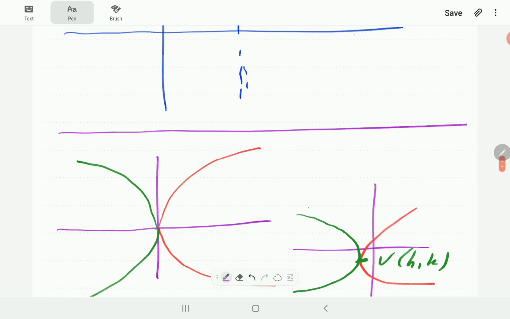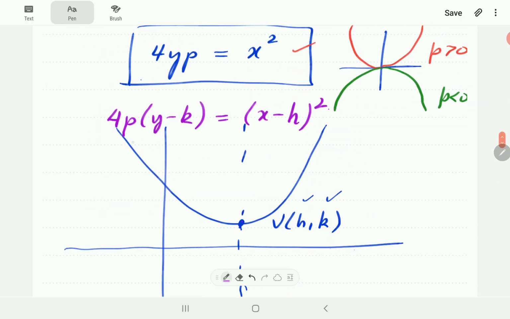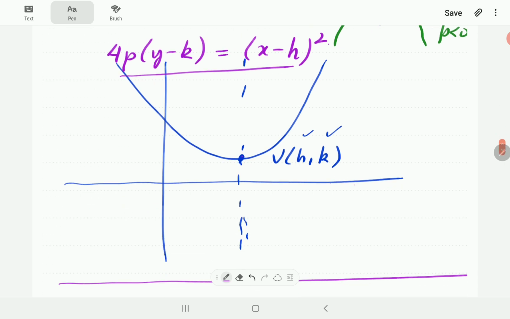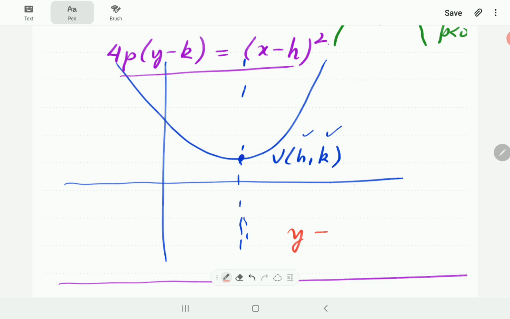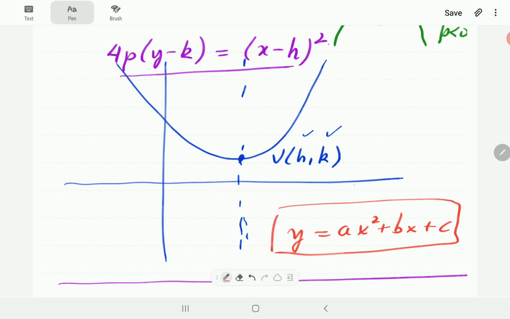For the case where the axis is vertical, if we make y the subject, the general form is y equals ax squared plus bx plus c. This is like the standard equation for quadratics that I'm sure you are familiar with. That's all in terms of the theory. Let's look at some examples now.